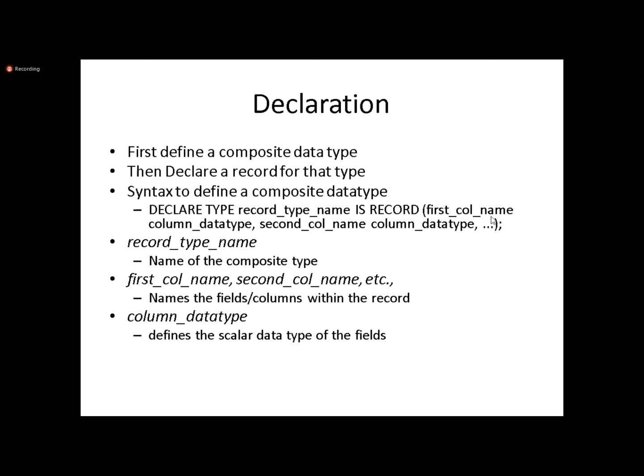Then you define the first column, second column, in the order in which you expect to retrieve the values from your database table. The column data type has to be the scalar data type of that particular field. For all the columns, you have to define the column name as well as its data type.